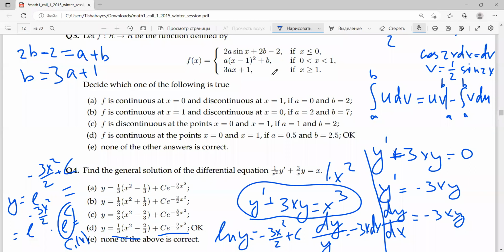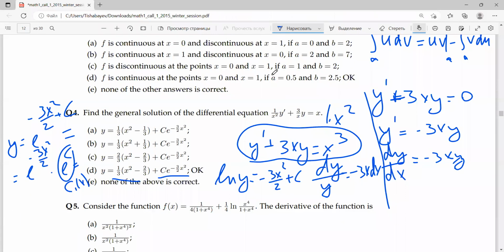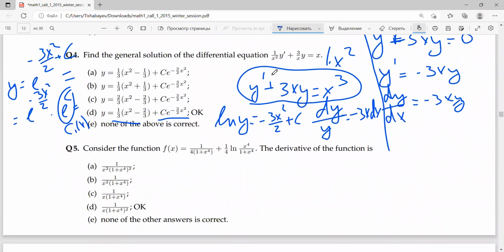Put it into the given equation. Your particular solution yp now has the form e to the power of minus 3 over 2 x squared multiplied by c of x.